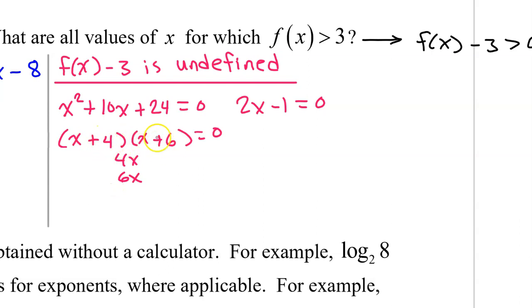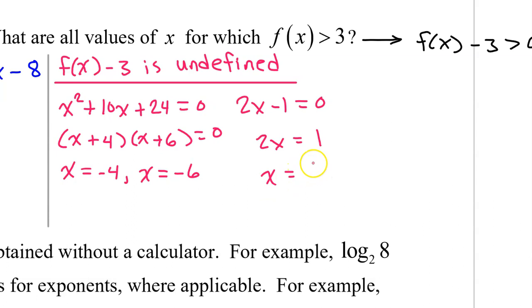Also, positive 4 times positive 6 gives us the positive 24 that we also need. The zero product property tells us that x equals negative 4 or x equals negative 6. Now let's set 2x minus 1 equal to 0. So this will give us 2x is equal to 1 and x is equal to 1/2.